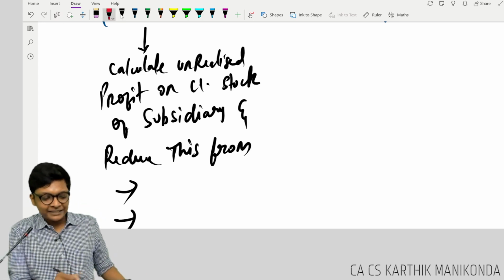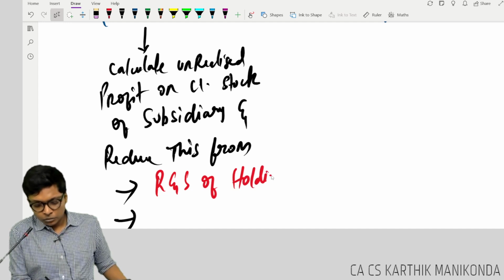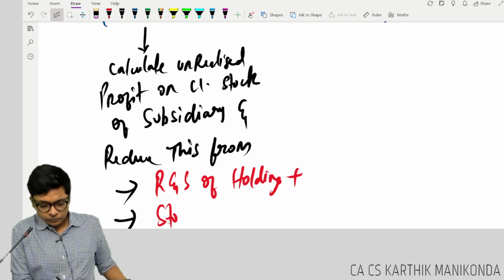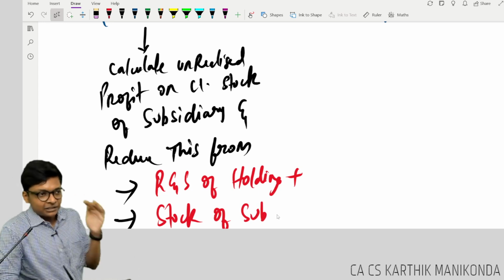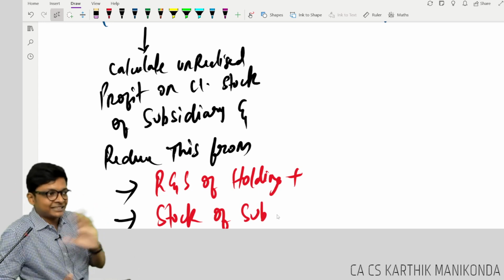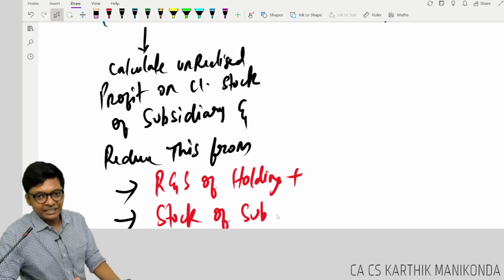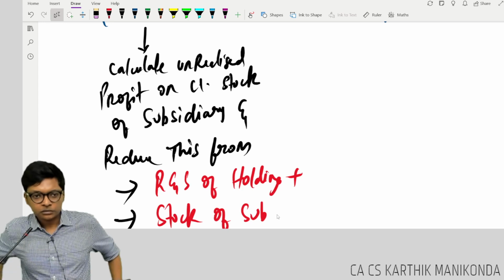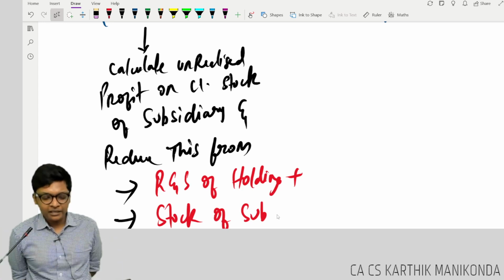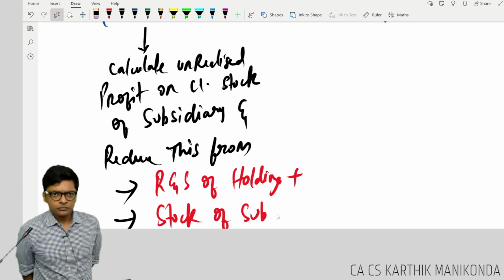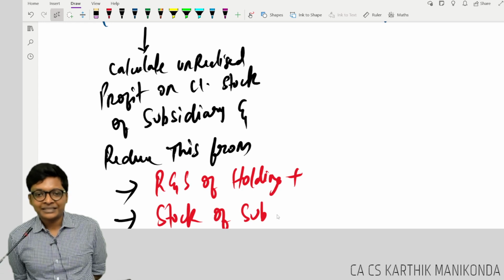What are the two places, guys? Reserves and surplus of holding and stock of subsidiary. This is only for the purpose of consolidation, guys. Nothing in standalone accounts. Only for the purpose of consolidation. That's it. So calculate unrealized profit on closing stock of subsidiary and reduce this from reserves and surplus of holding and stock of subsidiary. Clear?